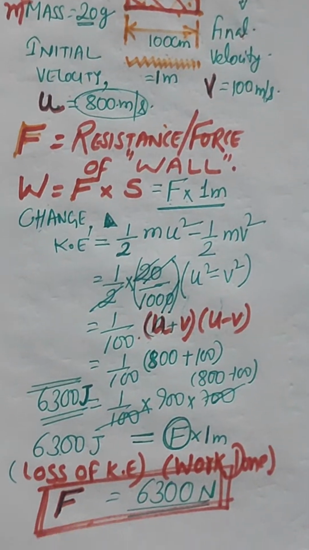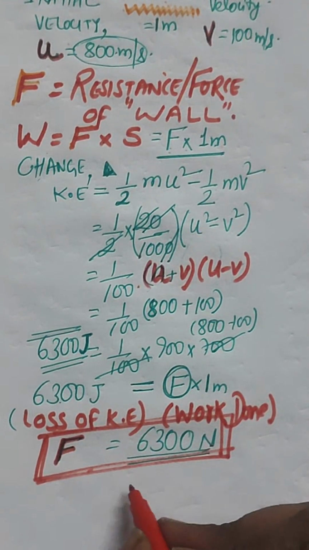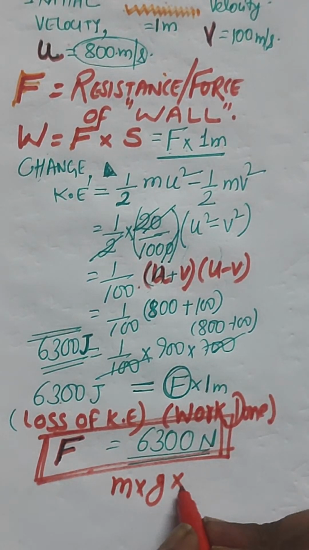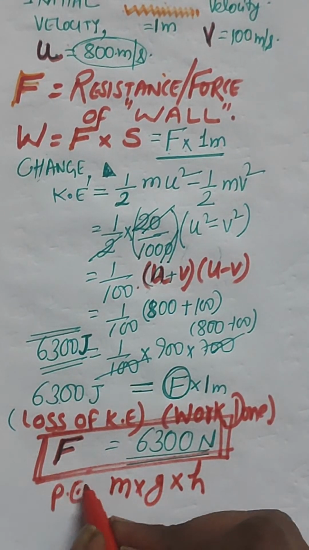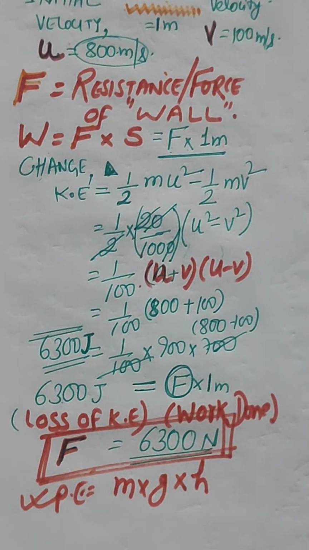So this is a very simple question. Potential energy is mgh. The mass is known to you, right? G is the value known to you, and it's raised to a height of 10 meter. So potential energy can be easily calculated. Such questions can be solved very easily. Now just take some different examples.